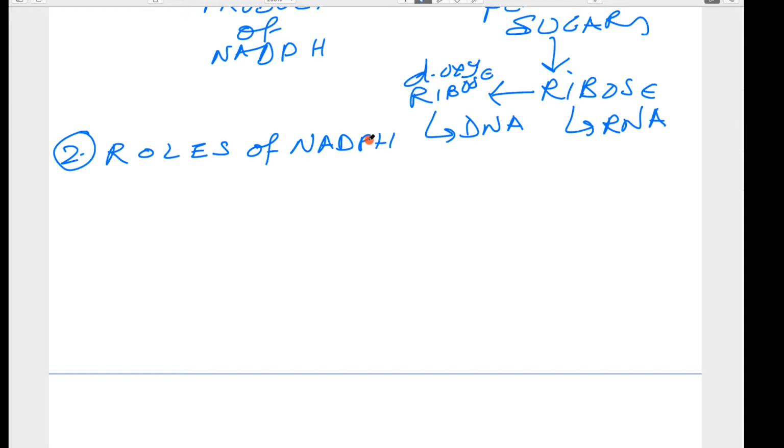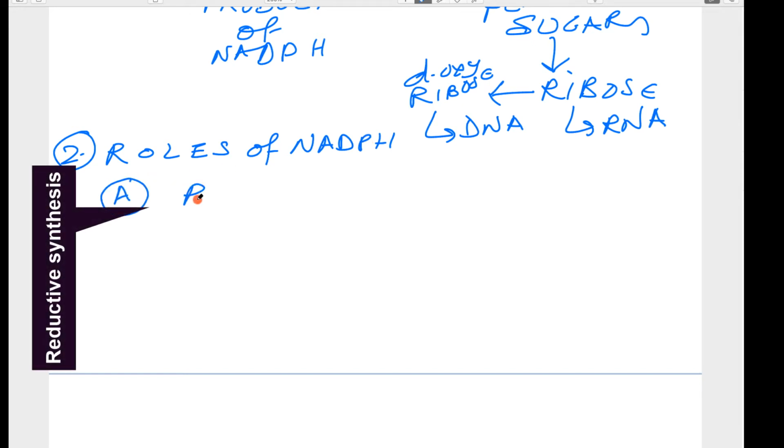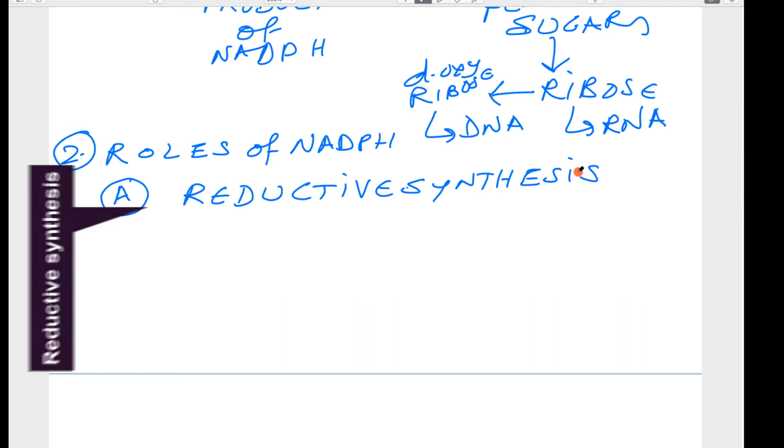The first role of NADPH is in reductive synthesis. What does that mean? There are oxidative metabolism and reductive metabolism. In oxidation, generally NADH goes to the electron transport chain where ATP production takes place, whereas here one substrate is reduced, leading to another, in a reductive pathway.